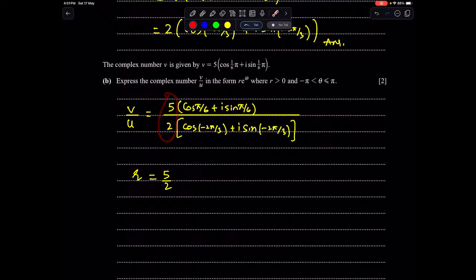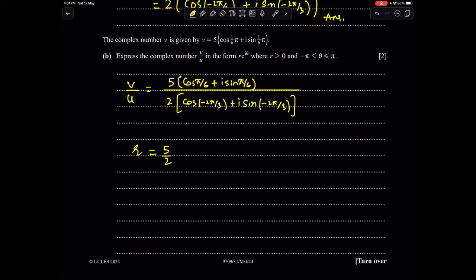This is the R. And for argument, use this. Argument of v/u is argument v minus argument u.